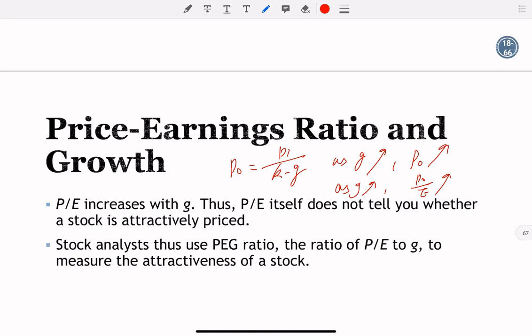If you compare a utility firm versus a high-tech firm, a utility firm's PE ratio is generally very low. And if you look at a high-tech firm, let's say Google or Amazon, I believe its PE ratio should be in the range of 30 to 50.